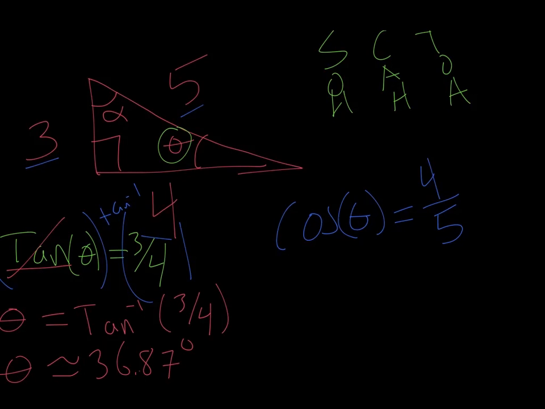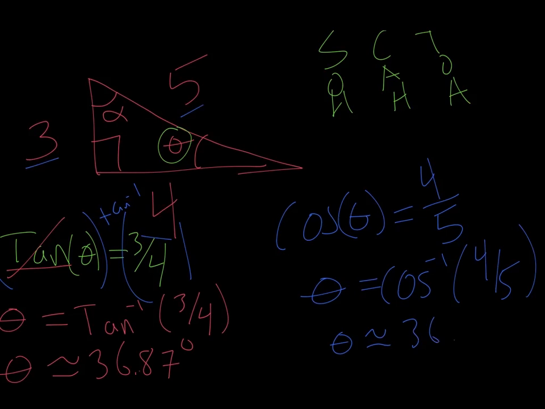So in essence my cosine would cancel, leaving me with theta equals cosine inverse of 4/5. If I punch that into my calculator, I will get the same thing, 36.87 degrees.